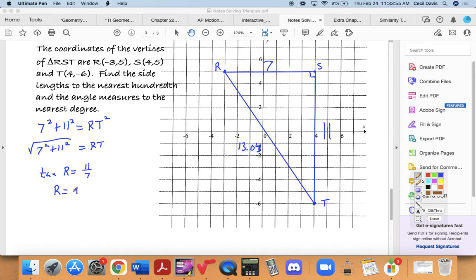So R is the tangent inverse of 11 over 7. And I haven't the slightest idea what that's going to be. 57.5. All right, but it said to the nearest degree. So it's just 58. Angle R is 58 degrees.